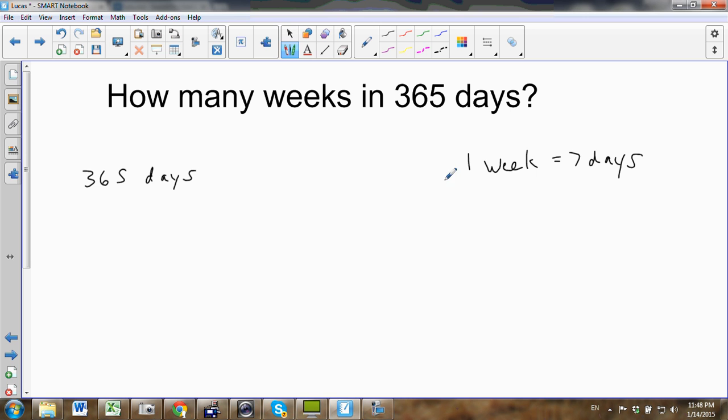Now, I'm going to create a conversion factor multiplier. I'm going to multiply by some form of 1. I want to multiply by 1 because if I multiply by anything other than 1, I'm going to change things. Multiplying by 1 doesn't affect it.